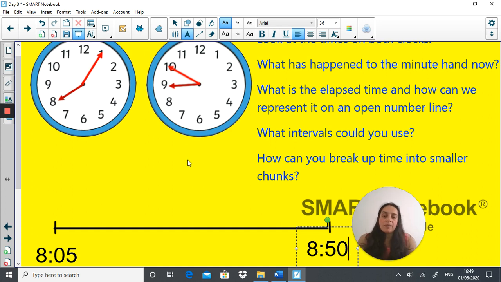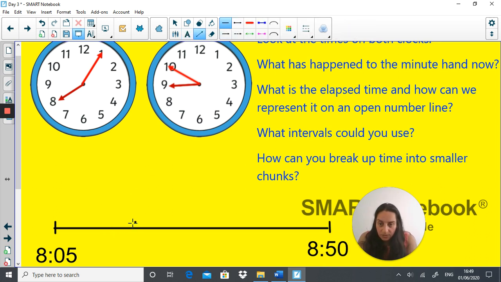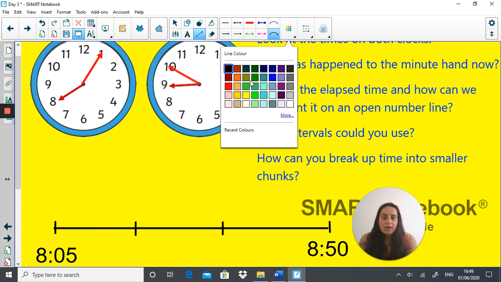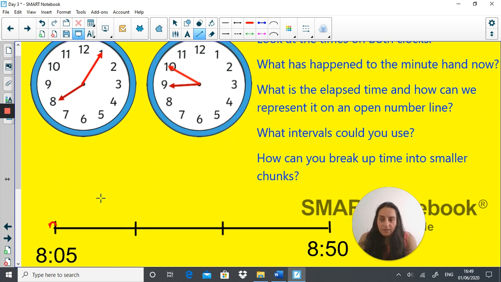And to break it up, I'm going to split it into 3 sections of 15 minutes. So let me just do that for you, like this. So each leap on my number line will be 15 minutes. So 8:05 plus 15 minutes would be 5, 10, 15, would be 8:20.